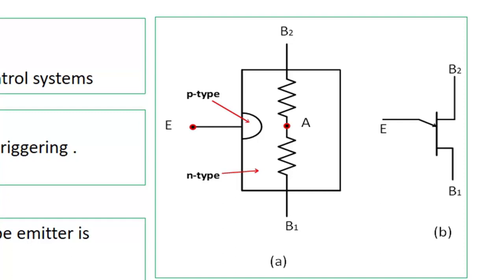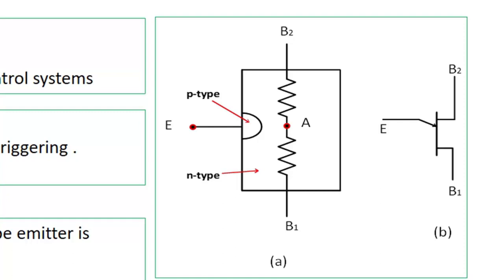You can see that upon an N-type base, a P-type material is doped, forming a PN junction. The N-type material is lightly doped, so the resistance of this N-type material is high.